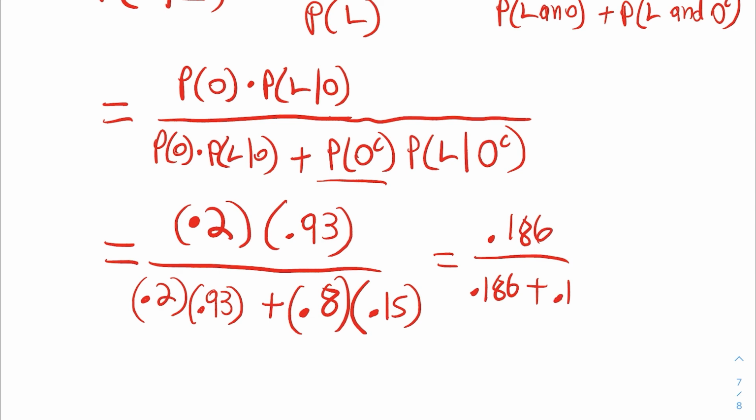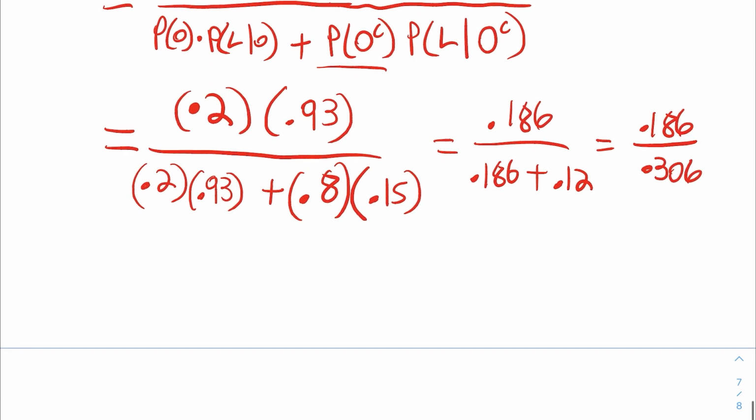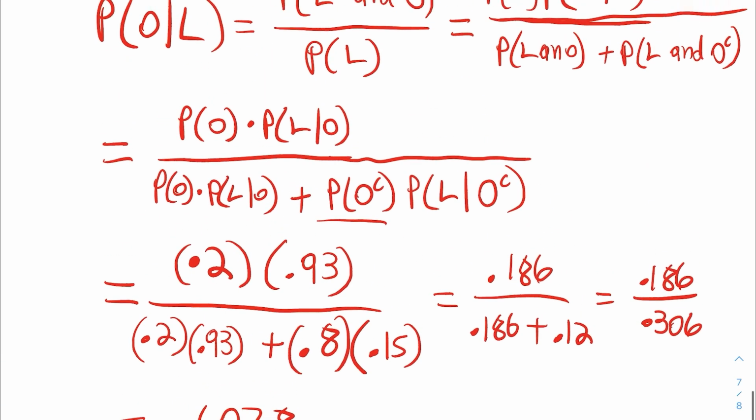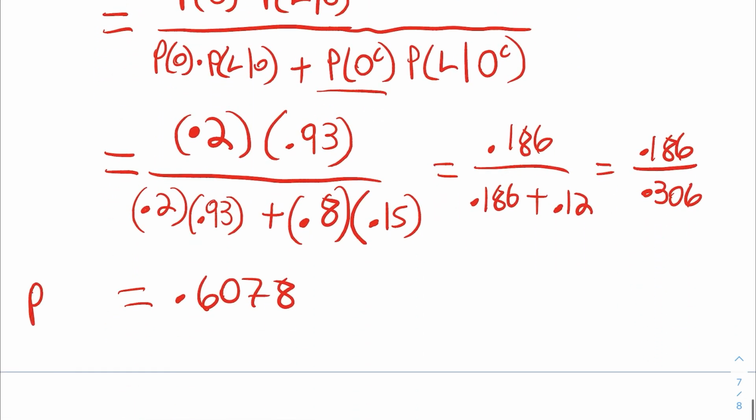When you add those together, 0.12 plus 0.186, the result is 0.306. Then last, we just do the quotient: 0.186 divided by 0.306 is equal to 0.6078. And this is the probability of the first flight being on time given that we know she has her luggage.